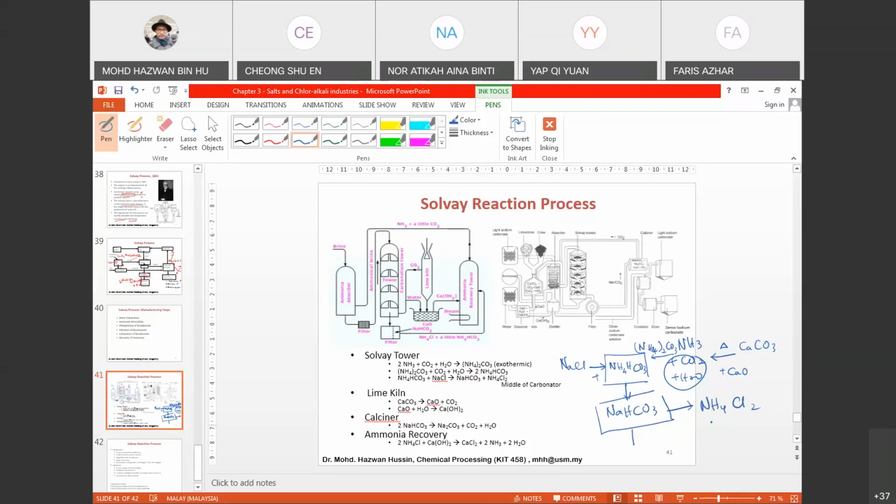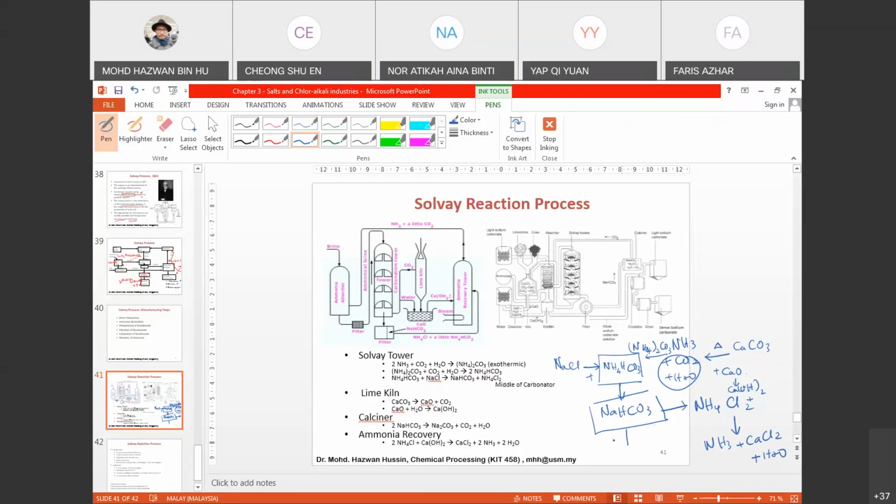So ammonium chloride will react with Ca(OH)2 and convert it. When you react these two together, it will form ammonia NH3 plus CaCl2 plus water.